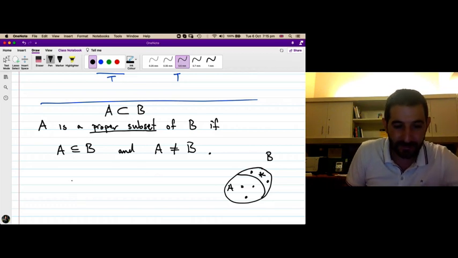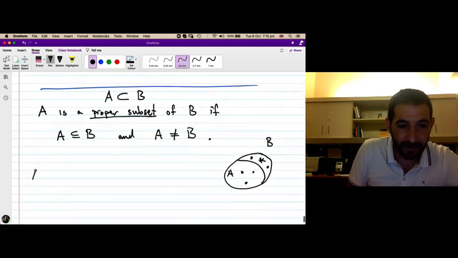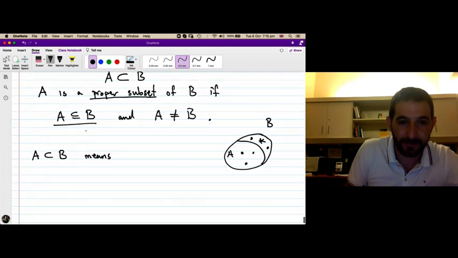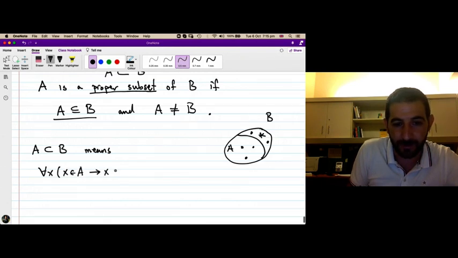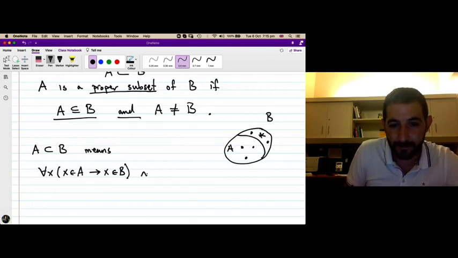Okay, so let's write it in predicate logic. A is a proper subset of B means that A is a subset of B. So how do you write this? For every X, if X belongs to A, then it belongs to B. So every element of A is also an element of B, and they are not equal.